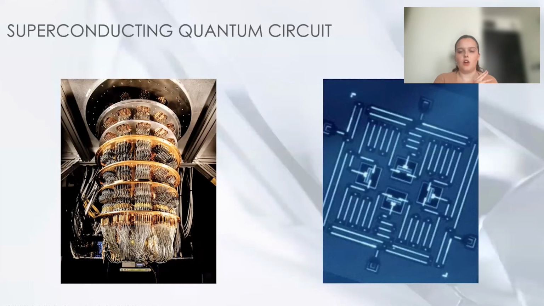So whilst on the diamonds we have the coupling between the NV centers, here we actually have a physical connection which enables the entanglement. And to create the states that we want, we apply microwave frequency pulses to the circuit itself.